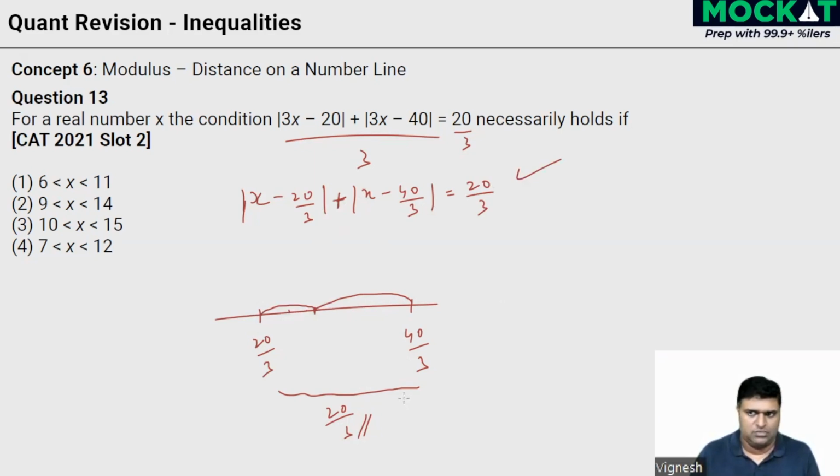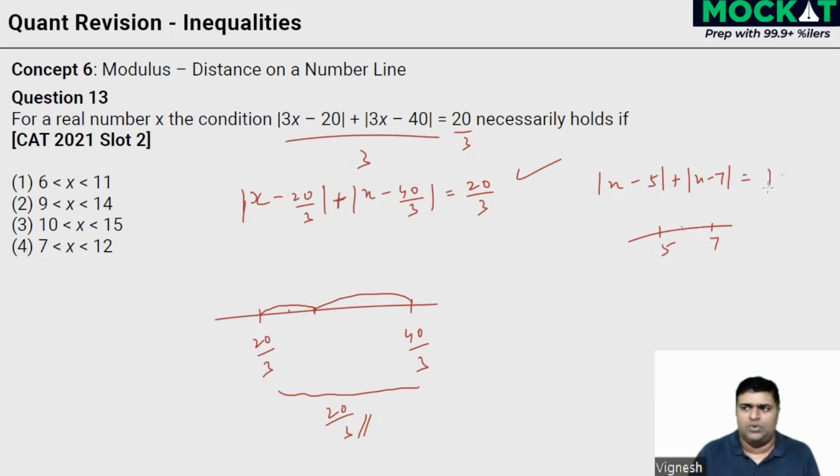Straight up. So if you're going to have something like modulus of x minus 5 plus modulus of x minus 7 equals 2, then 5, 7, any point between them is going to satisfy.